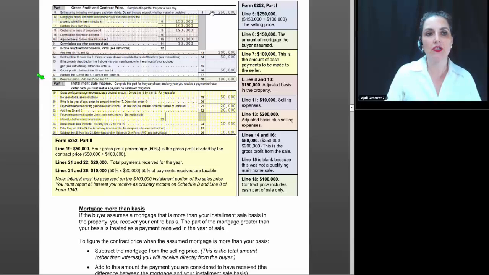And so this is a situation where the contract price and the selling price are actually two different numbers. And the gross profit ratio is based on the contract price. So in this case, we have 50 of profit divided by 100,000, and that gives us a gross profit ratio of 50%. And that means that if $20,000 of payments were received during the year, then the taxable part of that payment is going to be $10,000.